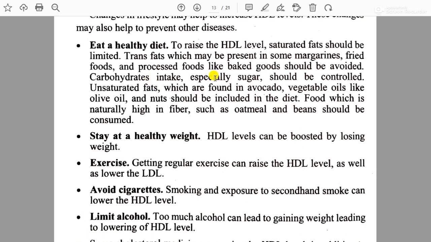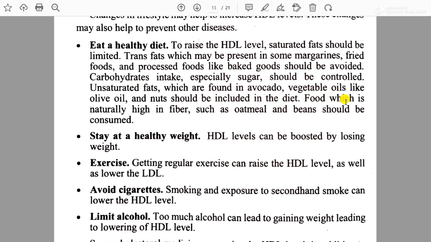Carbohydrate intake, especially sugar, should be controlled. Unsaturated fats, which are found in avocado, vegetable oils like olive oil, and nuts, should be included in the diet. So our diet should include all these foods, which have a major portion of unsaturated fats.